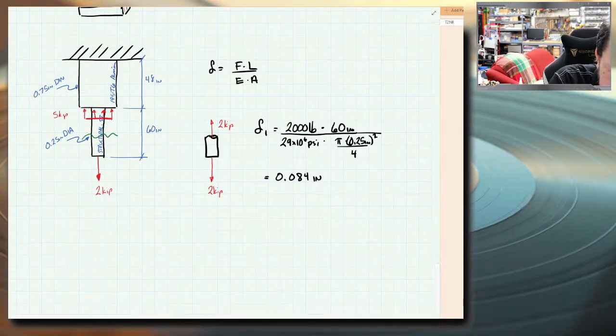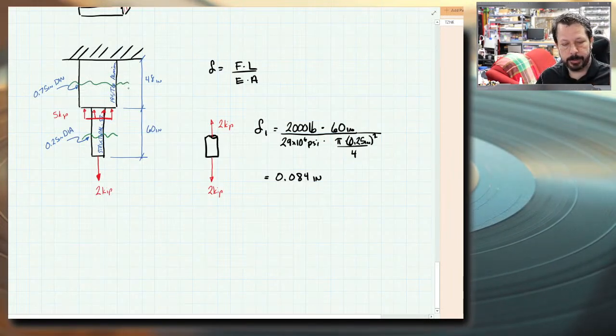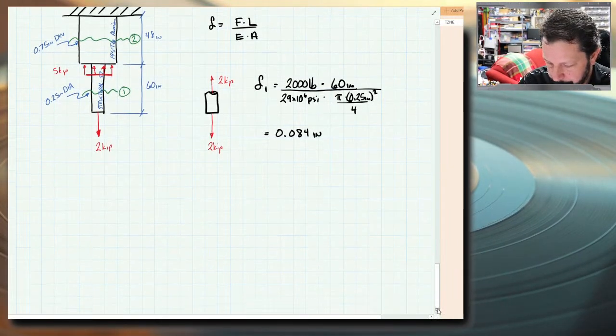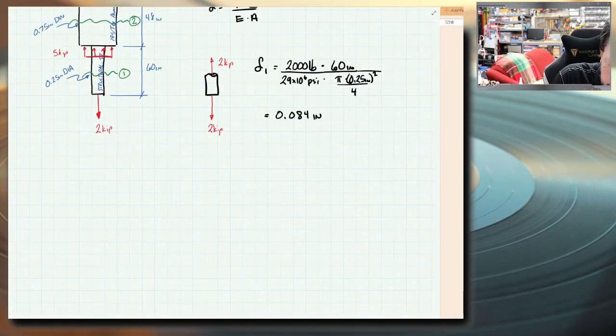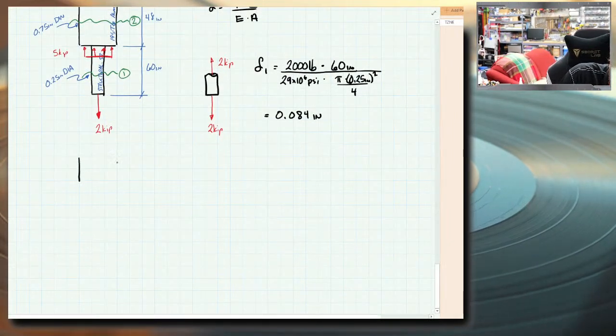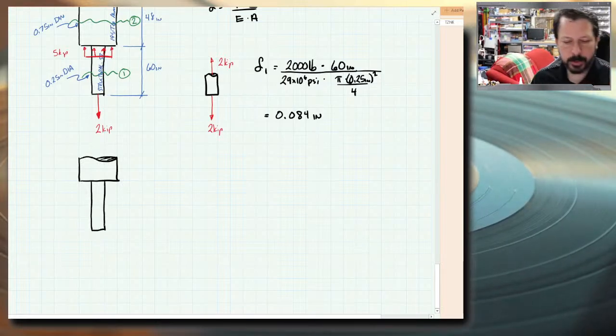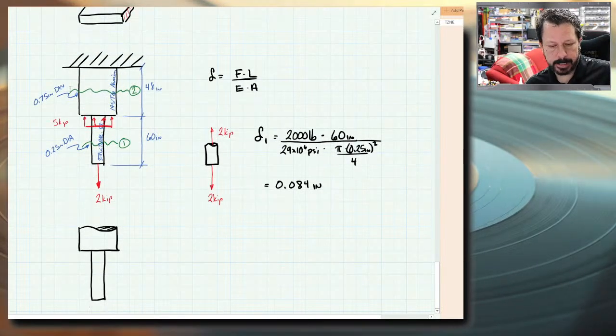Now we need to see what is happening to the aluminum section. So I drew a new, this is section 1, or region 1, that's region 2. I'm about to draw a new free body diagram. I have to include region 1 in this because I drew the little green wavy line at line 2.